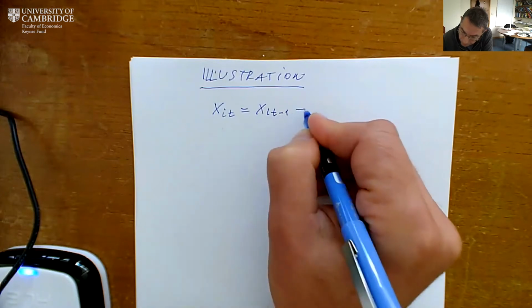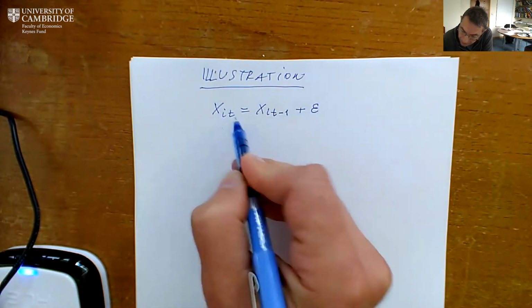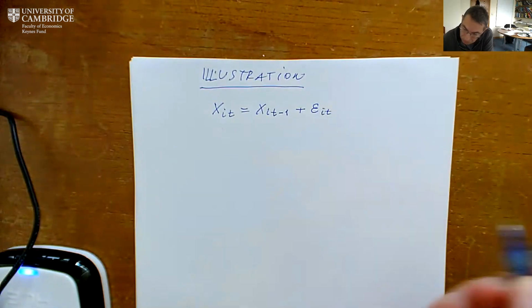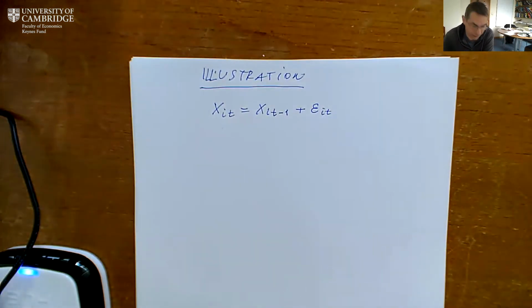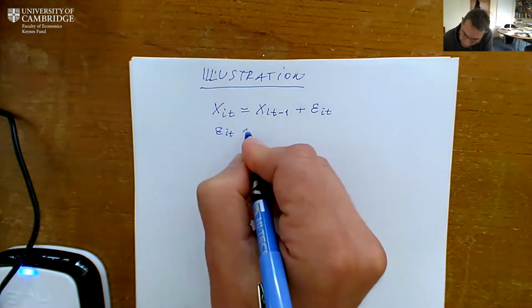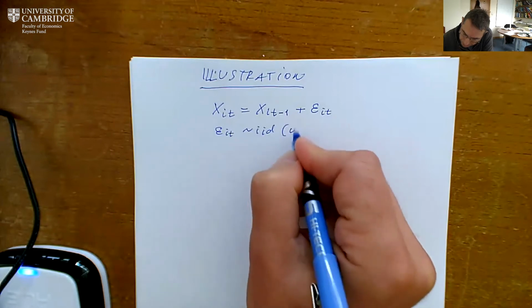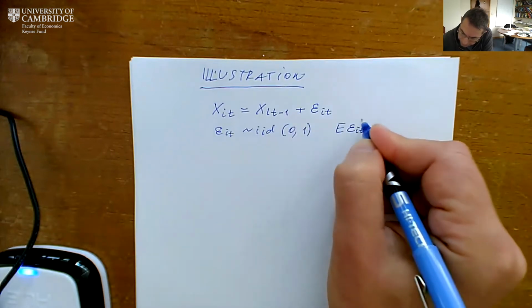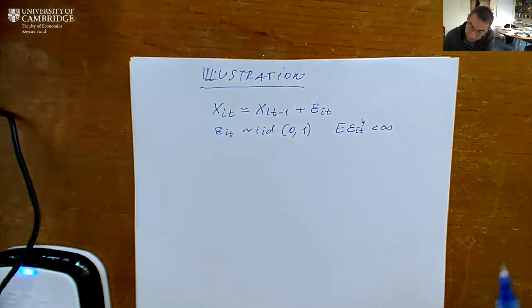random walk. Today's data is equal to yesterday's data plus completely independent things, epsilon_IT. I will even assume that epsilon_IT are IID with mean 0, variance 1, and I also will need the finite fourth moment, but nothing else.